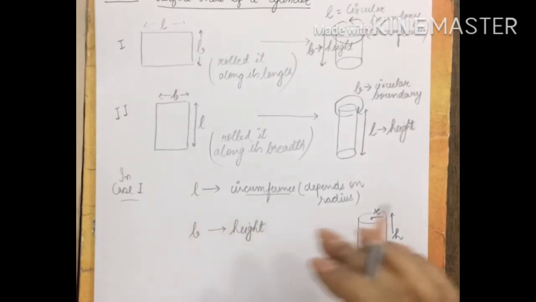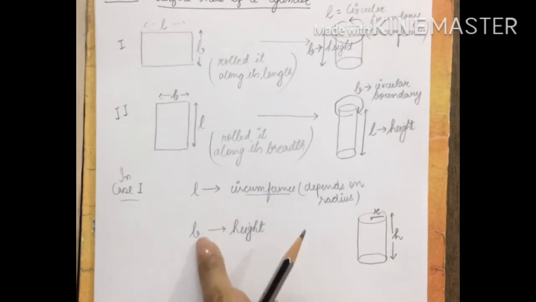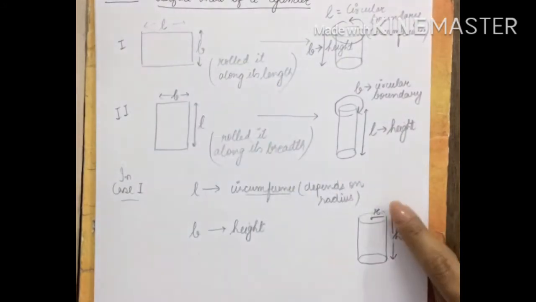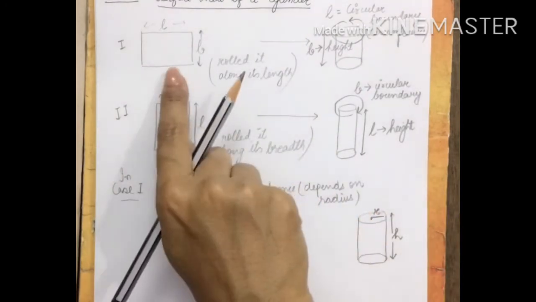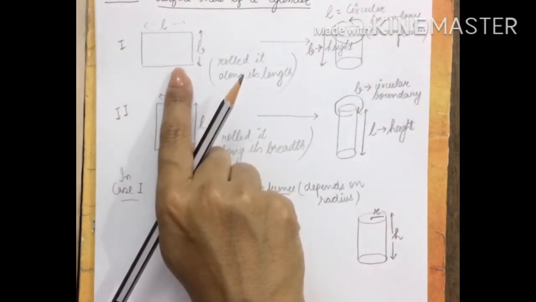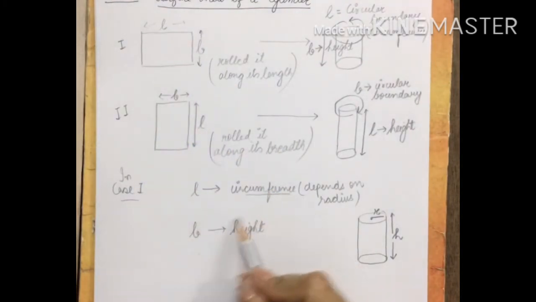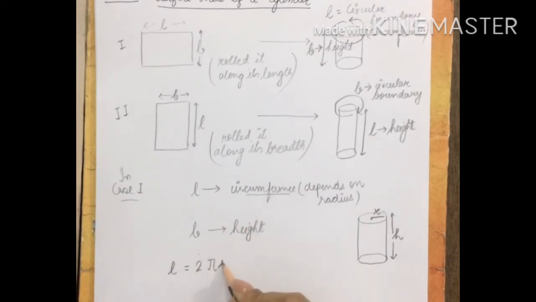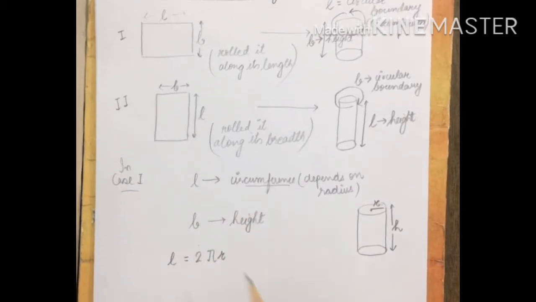So what will be the relation between the dimensions L and B of this rectangular sheet and the dimensions r and h for the cylinder so formed from this particular sheet of paper? Using this, we get L equals the circumference, the formula for which is 2 pi r, and B becomes h.